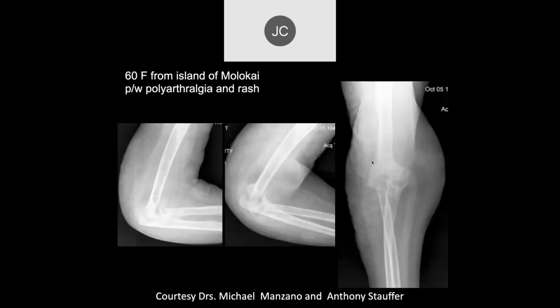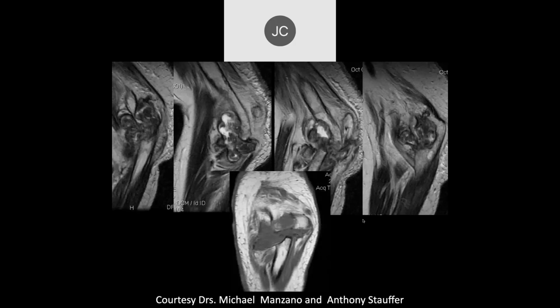Sure. All right, so we have a 60-year-old female from the island of Molokai with polyarthralgia and rash, and it looks like there's diffuse soft tissue swelling throughout the upper extremity. It looks like there's some destruction of that joint. It looks irregular. So I guess you want an MR scan. Yeah, absolutely.